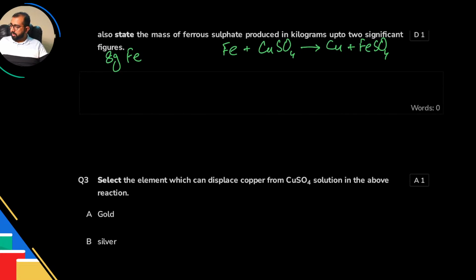Step 1, we will try to figure out how many moles of iron we have. So number of moles of iron, that is 8 divided by the Ar of iron. You will be given a periodic table in your e-assessments. There's a button for it, you can just click it and it will open up. But I'm using another one, which is this website.